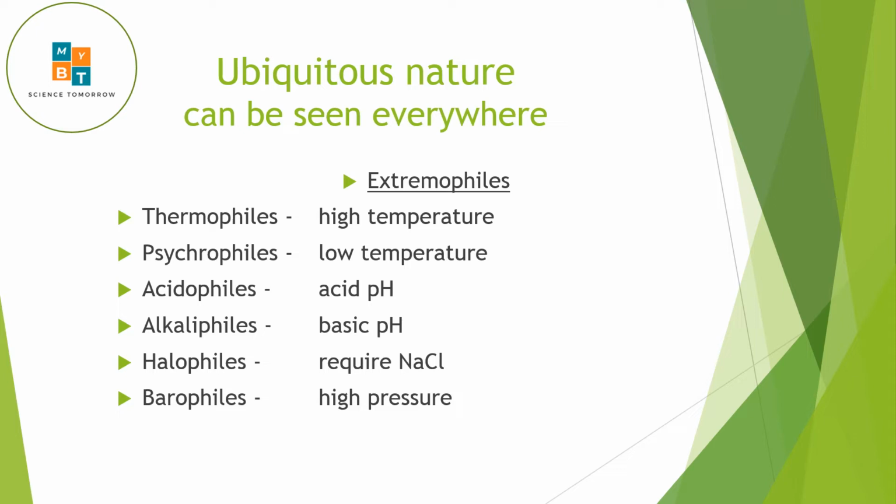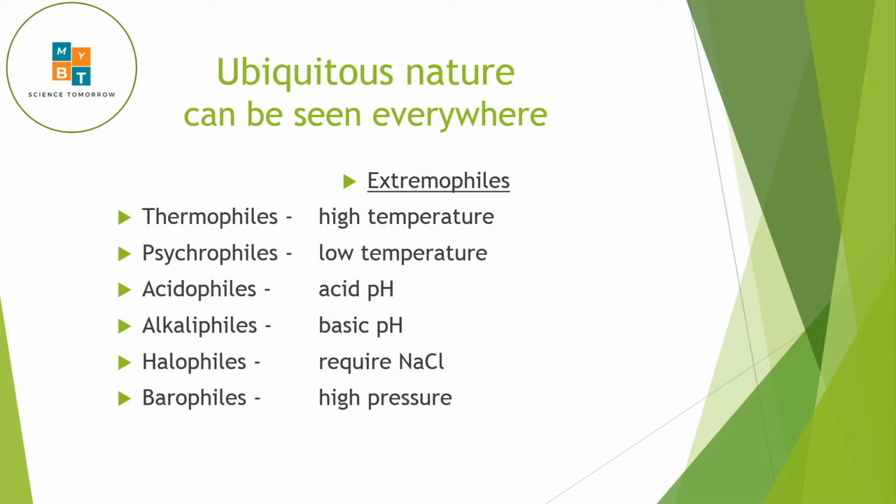Third are the acidophiles, which are very tolerant to acidic pH. Then the alkaliphiles, which are tolerant to basic pH, that is high pH, like more than 9 or 10. Halophiles mean they want sodium chloride.